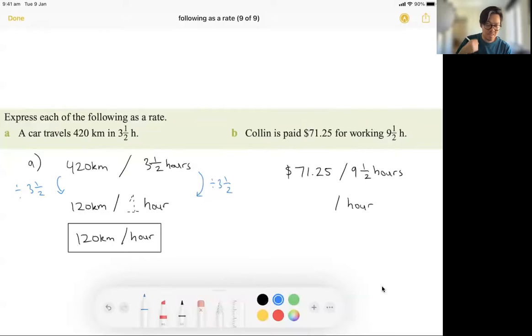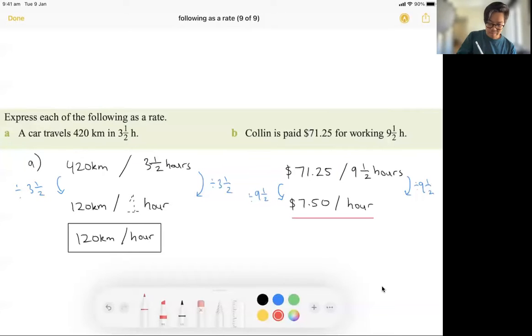So similar to before, I divided it by whatever number of hours I had. So in this case, I'm dividing it by 9.5. And so guess what I'm going to do to the other side? I'm also going to divide it by 9.5. Now, if I go 71.25 divided by 9.5, what you should get is $7.50. Right, so we find here that his rate that he's earning per hour is $7.50 per hour.